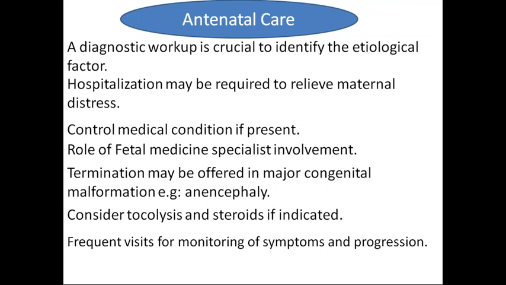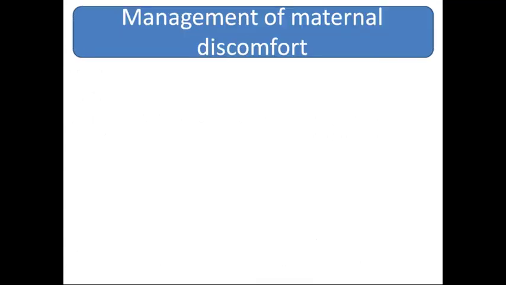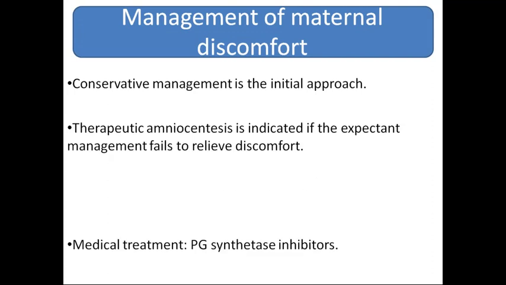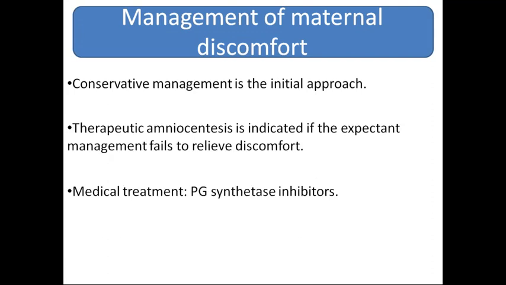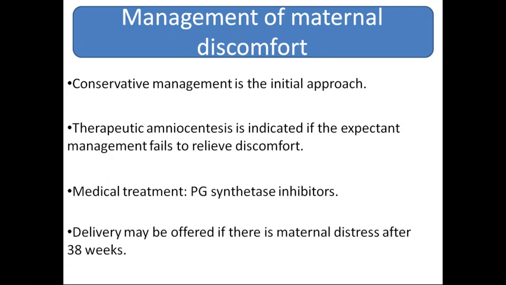Okay, so this is an indication to hospitalize her. And if there is maternal distress after 37 to 38 weeks, you need to consider delivery, not do amnio reduction again. Okay.